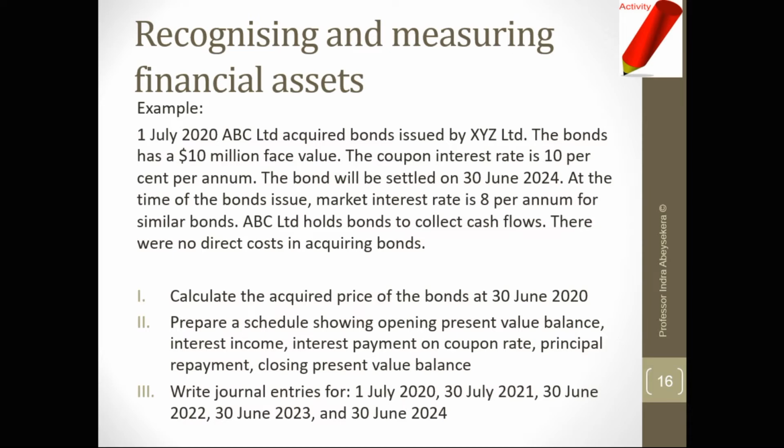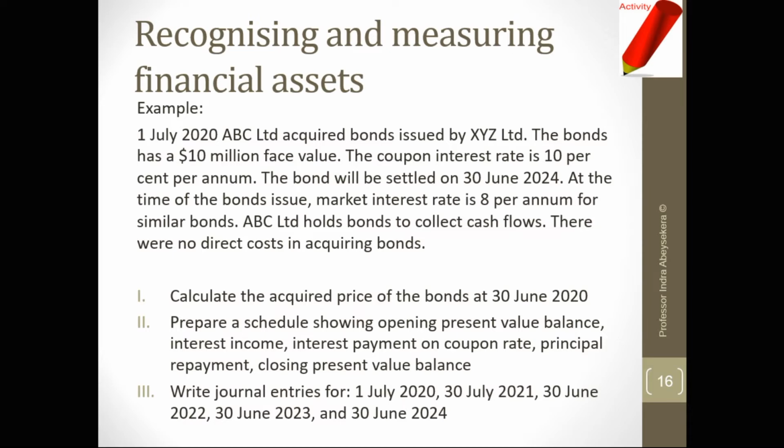At the time the bonds are issued, the market interest rate for similar bonds is 8%. ABC Limited, based on its own evidence, has determined that they are going to keep this bond for cash flow purposes. And there are no direct costs in acquiring the bonds.